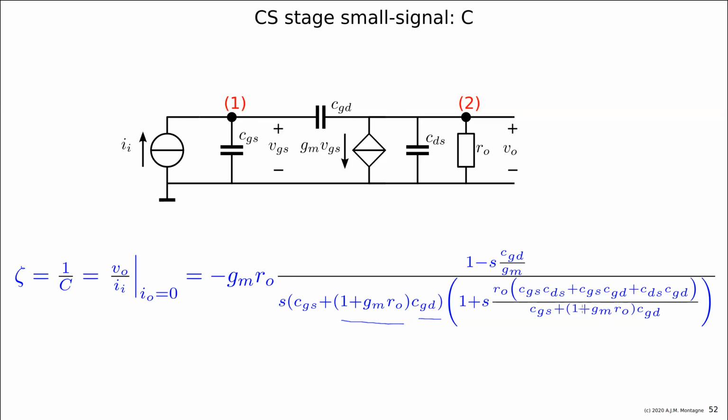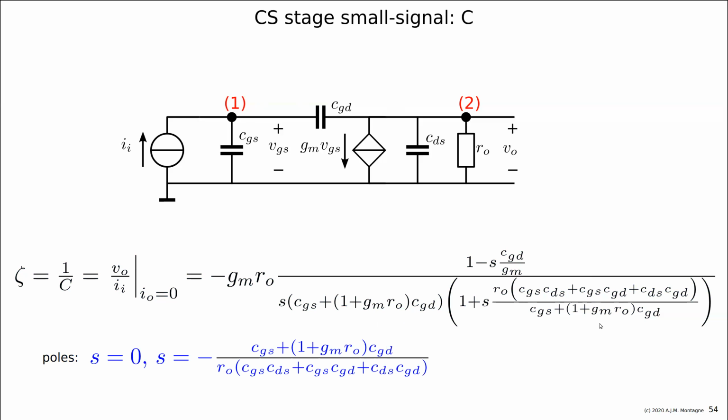And the second pole, let's say if CGD would be 0, then the second pole would be 1 over CDS RO. You can fill in the equation and you will find that that will be true. But if it is not 0, we have something interesting.